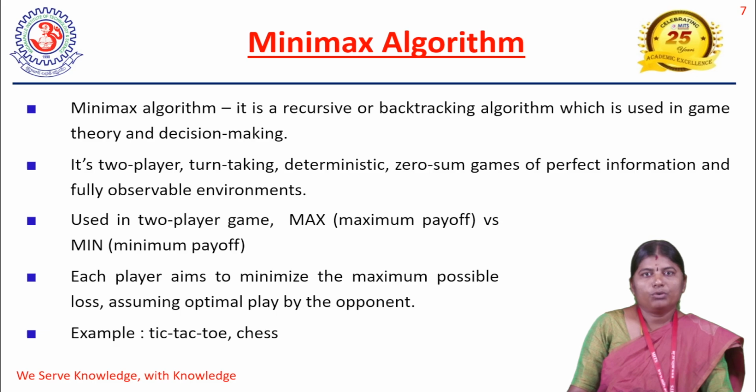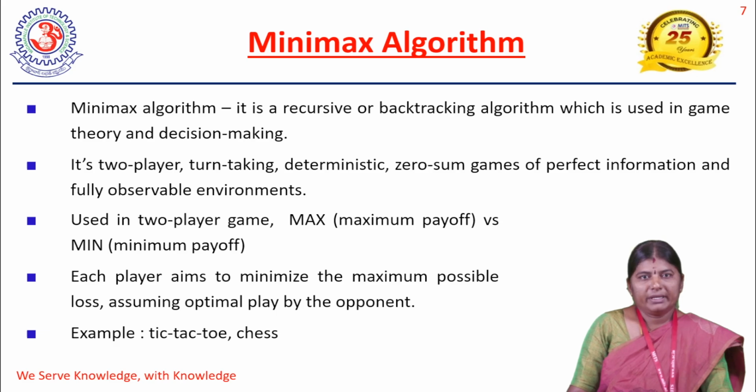So we knew how to derive a solution for an adversarial search. The optimal solution can be obtained by either a heuristic or a pruning method. The Minimax algorithm uses a heuristic method to find the optimal solution. The Minimax algorithm is a recursive or backtracking algorithm which is mainly used in game theory and decision making.